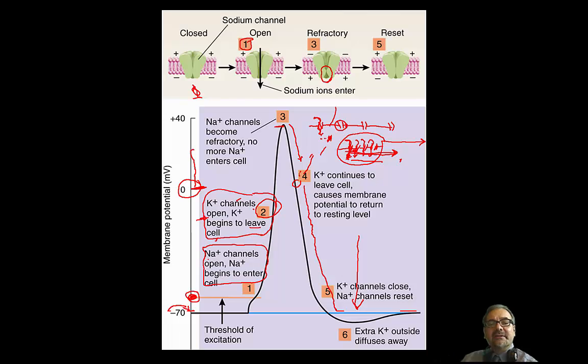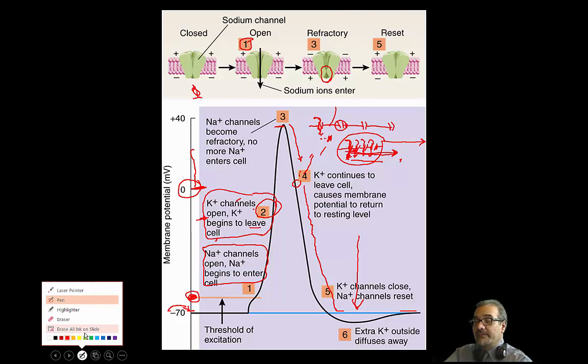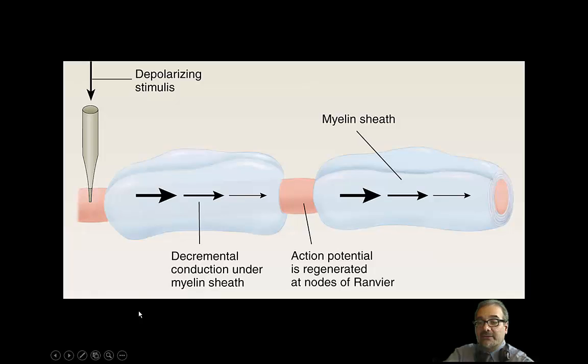And that's another clinical implication that is worth keeping in mind, that this threshold of excitation is dependent on factors such as hormonal conditions and other conditions, including medications. Okay, that in a nutshell is what the action potential is all about.